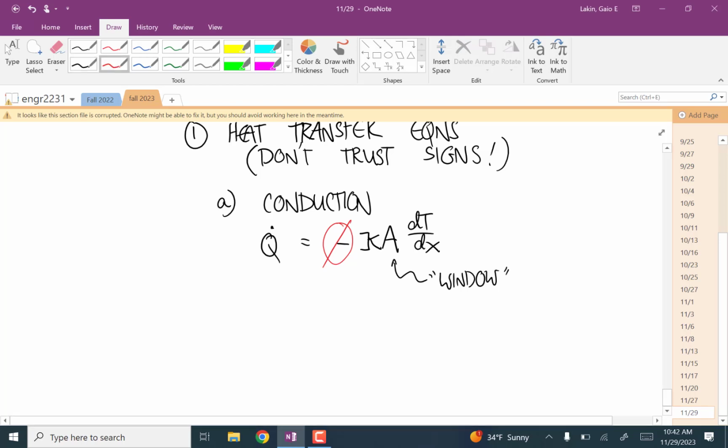And for us, we're pretty much always just going to think of this as the change in temperature over the length that it's traveling. We'll just think of that as linear. Again, you won't do that if you take more complicated heat transfer classes.